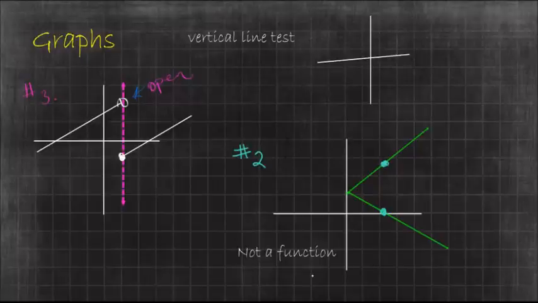Because this is closed, I can only be in one spot on the graph, so that is a function. The vertical line test is a very simple way to be able to identify functions. In several other videos, we'll go into more detail as to specific types of functions, but now you should have a general idea of what a function actually is.